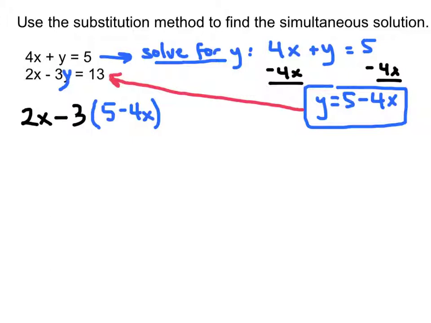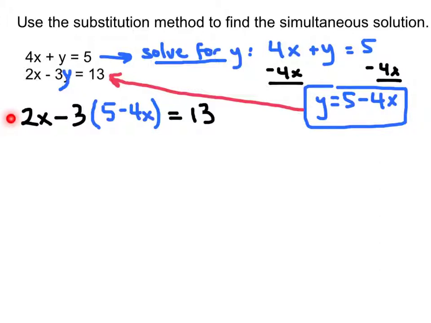Keep in mind, you still have to finish off the equation. You still have to have the equal sign and the 13. Now, once you've substituted in for y, you have an equation in one variable.